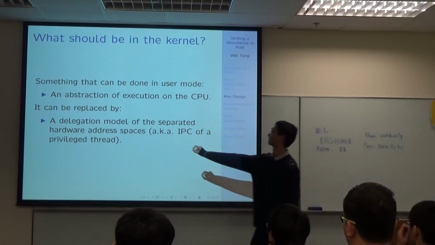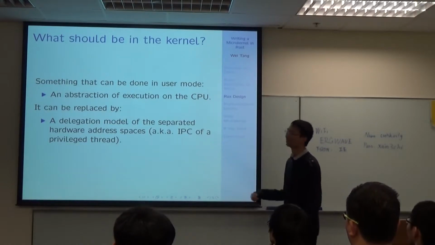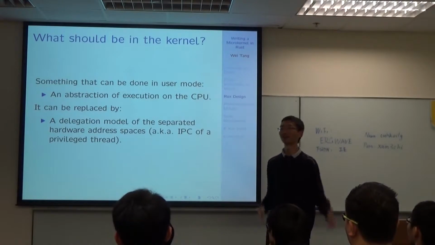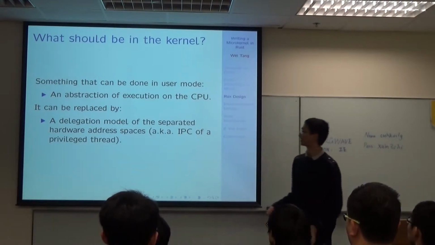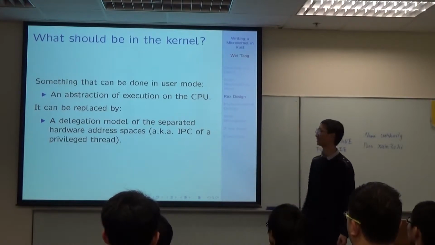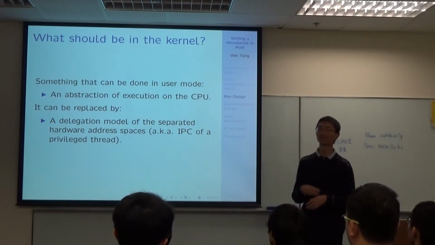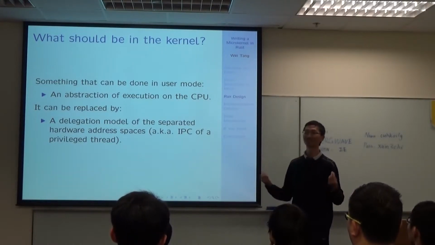This abstraction of execution on the CPU can be replaced by just a delegation mode. If I run as some thread, I delegate my time to another thread. So you can run the scheduling process in user mode rather than in kernel mode, although it may be relatively slow.